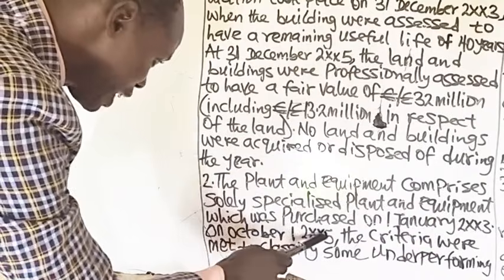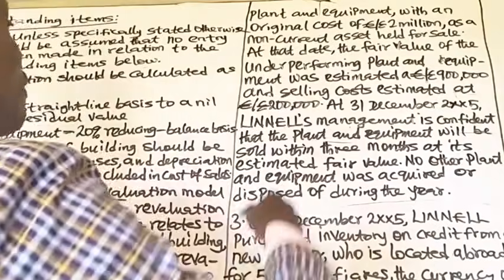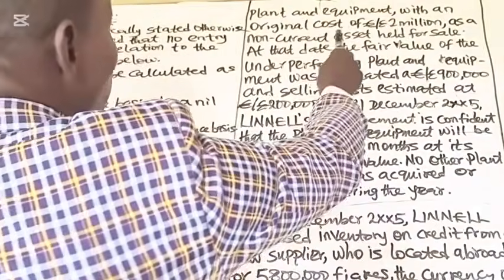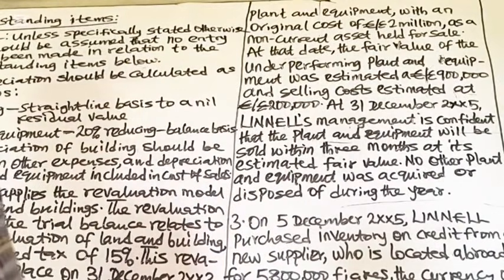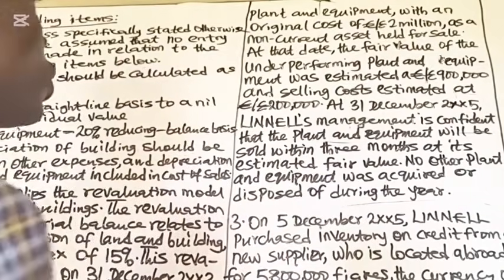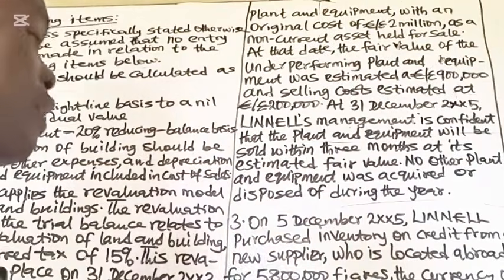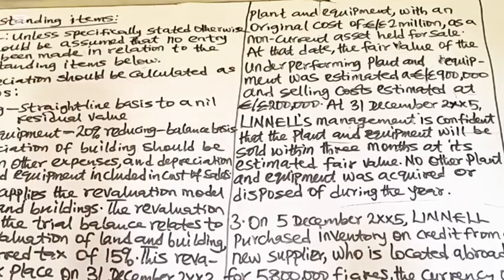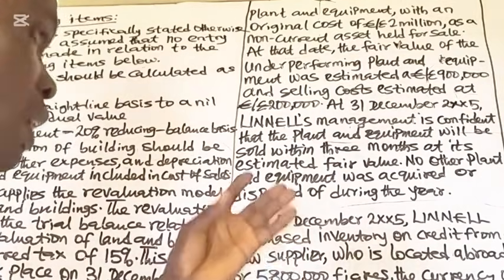On October 1st, 2005, the criteria were met to classify some underperforming plant and equipment with an original cost of 2 million euro as a non-current asset held for sale. So remember, the plant and machinery was acquired on 1st of January 2003, and the criteria for held for sale were met on 1st of October 2005.